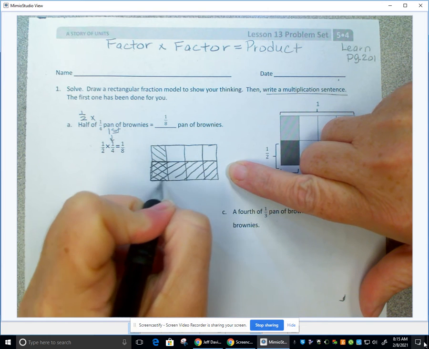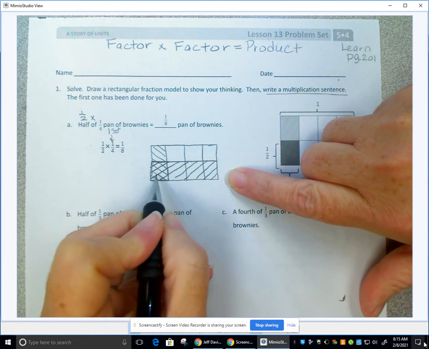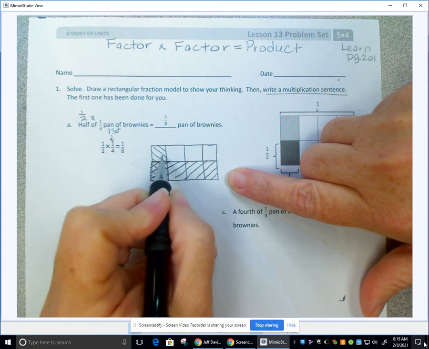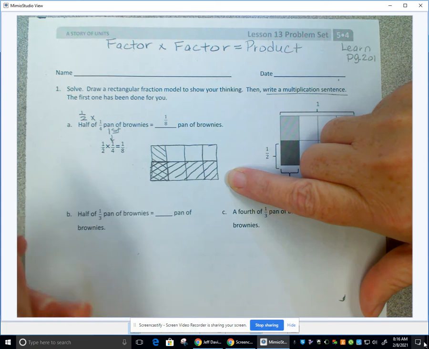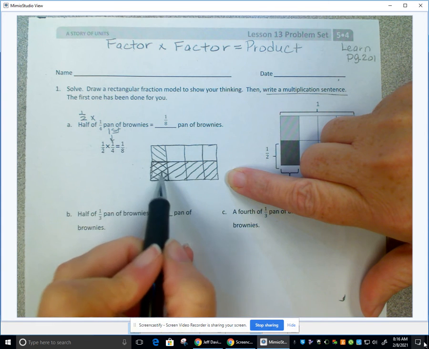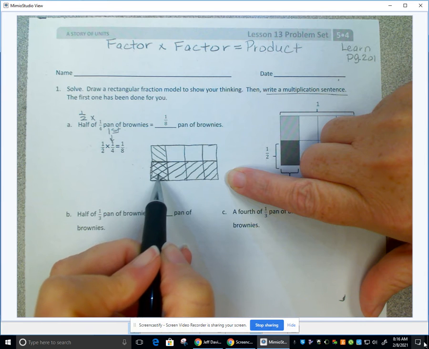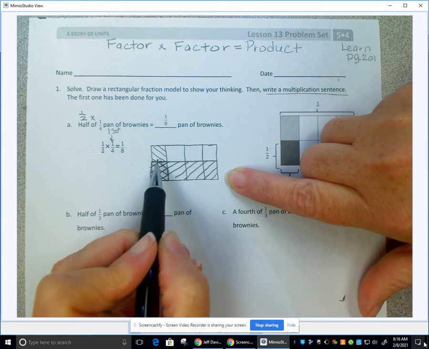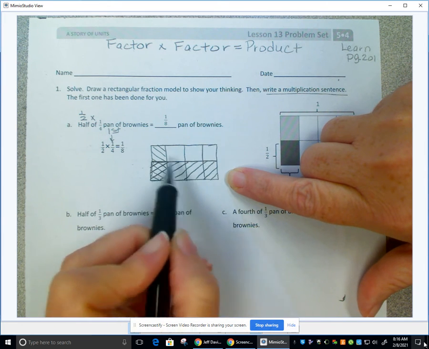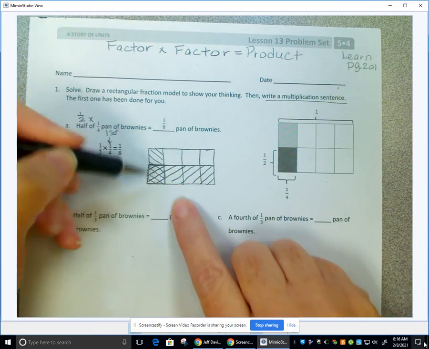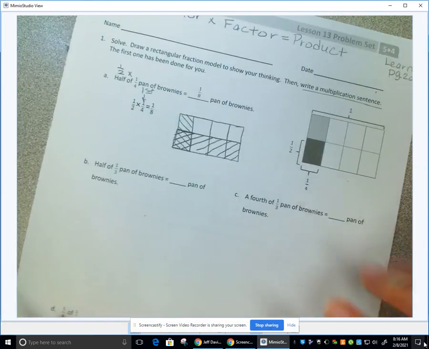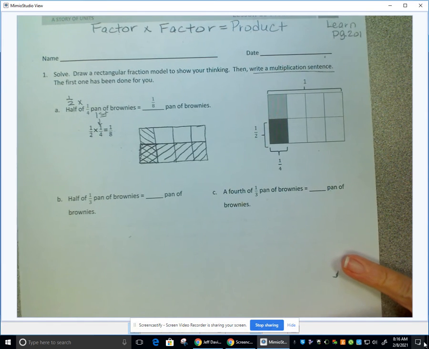This is my answer. That is 1 out of 8 in all. See, 1/8. See, this piece, this 1/8, is smaller than 1/2, and it's smaller than 1/4. So that's how we're doing this today.